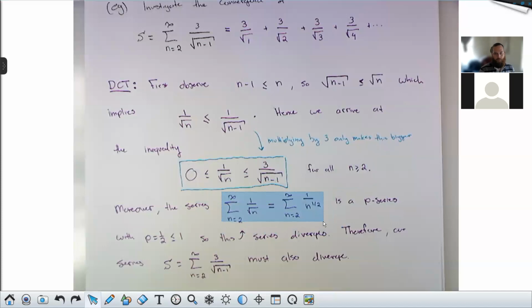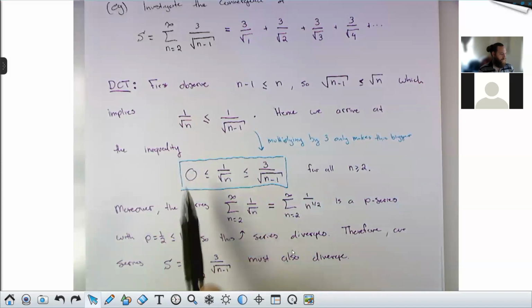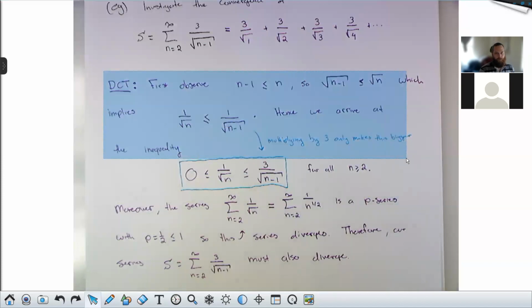So telling me that the sigma 1 over root n is a divergent p series, necessary. And then finally, you need your conclusion here. You need to say, therefore, our series also diverges. So those would be the individual parts. The minimal solution here would be this, and then everything down here. And we'll work at the top. And this is us coming up with that inequality.